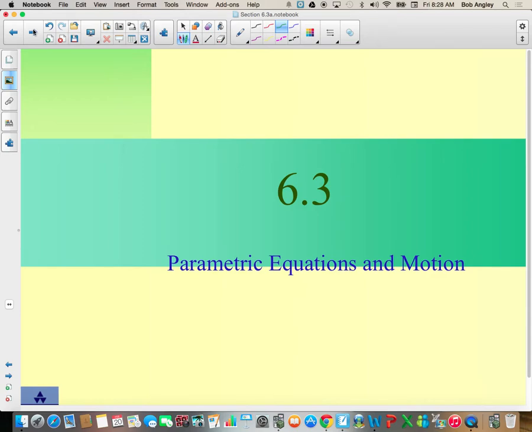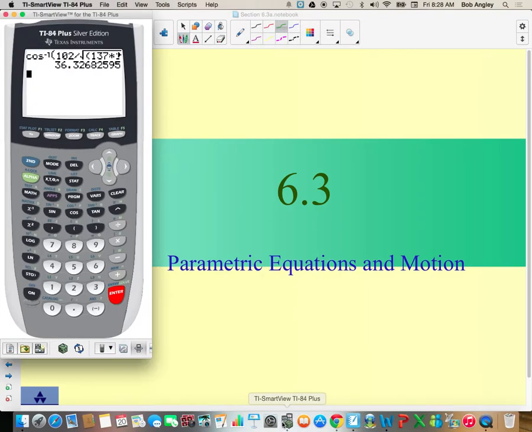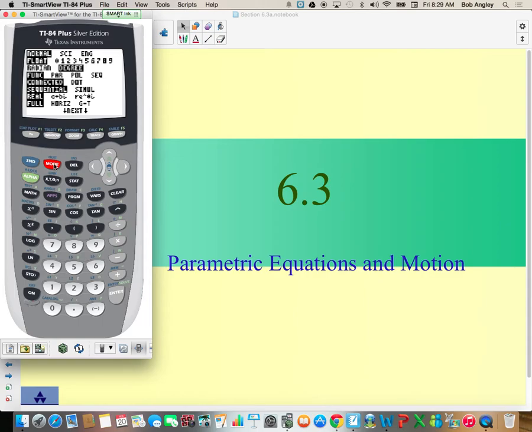Okay, now, in this chapter, let me take the calculator out one more time. All right, I want you to look at the mode key here for a minute. I want you to look down on the line right here where it says function.